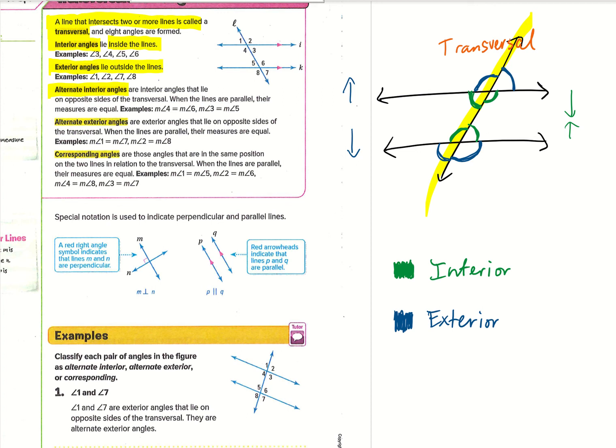Alternate interiors are angles that lie on opposite sides of the transversal. Basically what that means is the alternate interiors, I'm going to make those red.